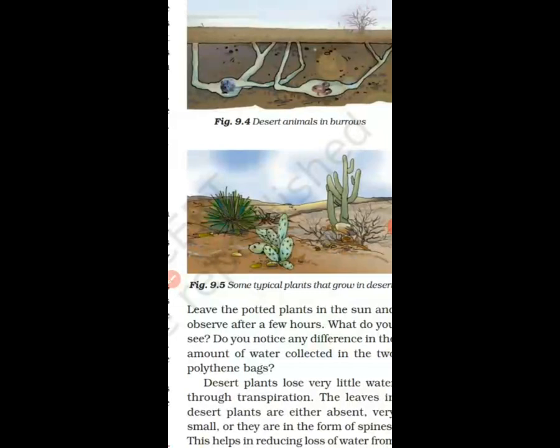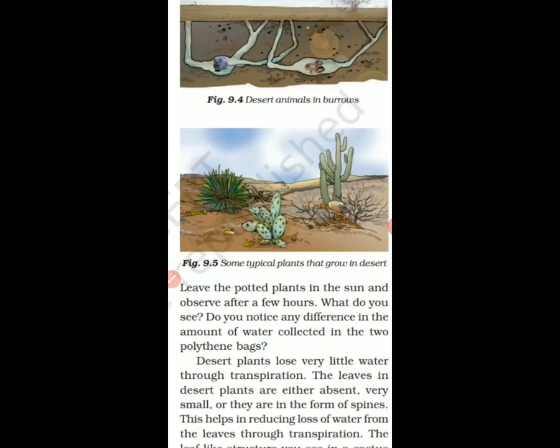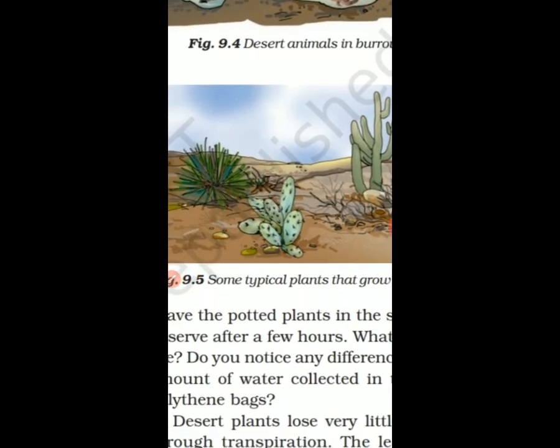You can see that desert plants lose very little water through transpiration. The leaves in the desert plants are either absent, very small, or they are in the form of spines. Mostly you must have seen that in desert plants, the leaves are either absent or very small, and they are in the form of spines, thorns.